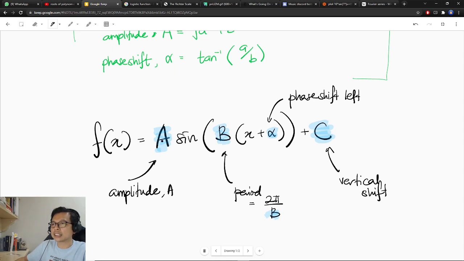This one increases the amplitude. This one changes your period, the distance between the two maximum peaks. A positive number will phase shift the whole plot to the left a bit. And c determines the vertical shift.